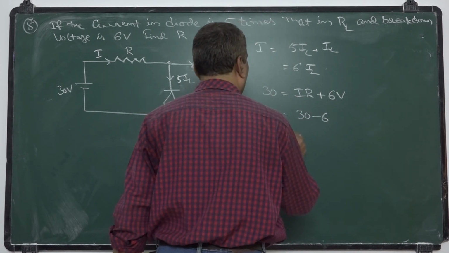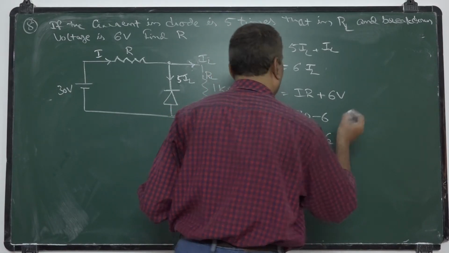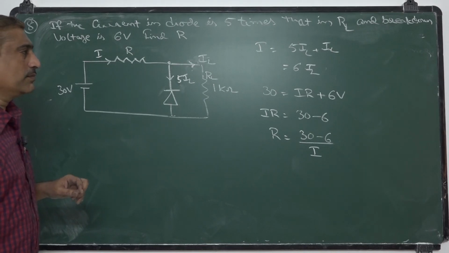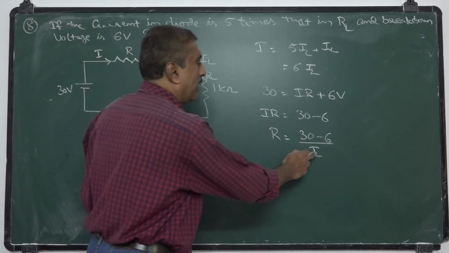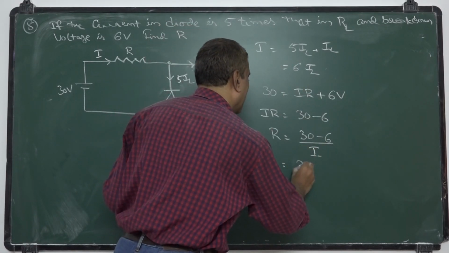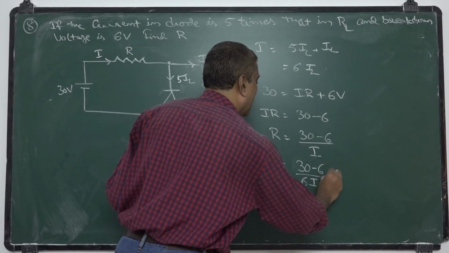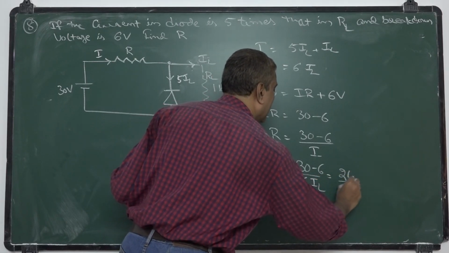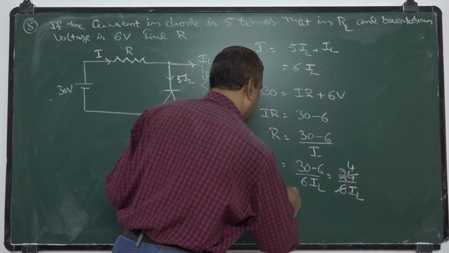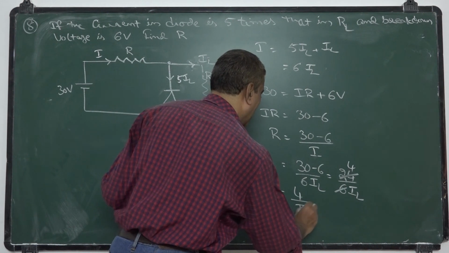So R is equal to 30 minus 6 by I. Okay, but we derived that I is 6IL. So this equals 30 minus 6 by 6 IL, that is 24 by 6 IL. So cancel out, that is 4 by IL.